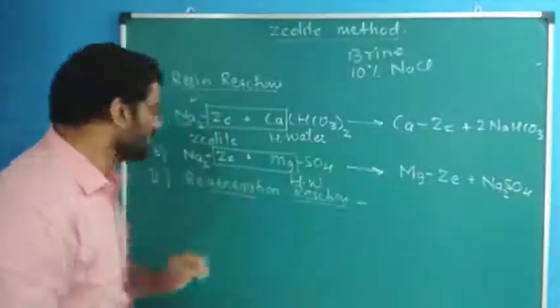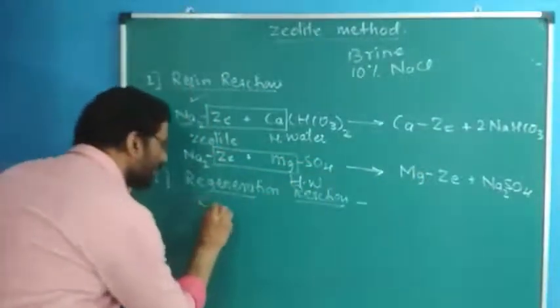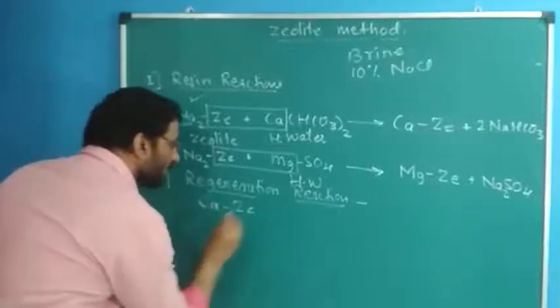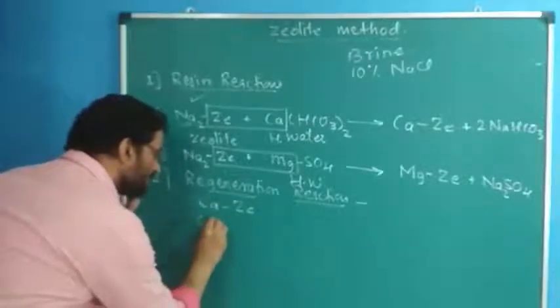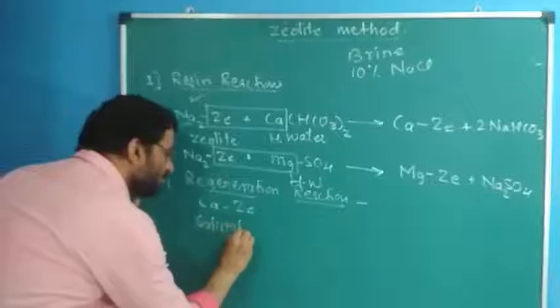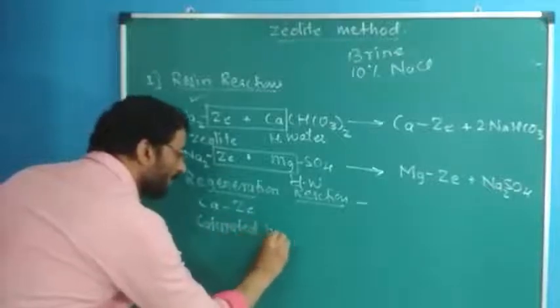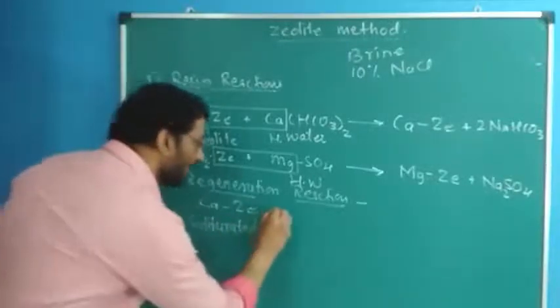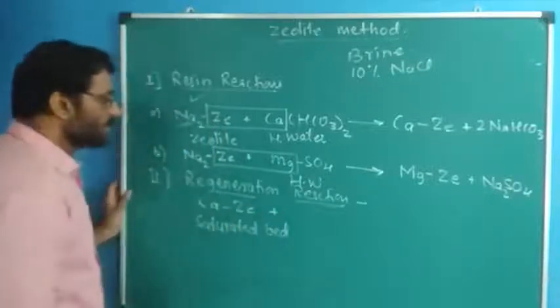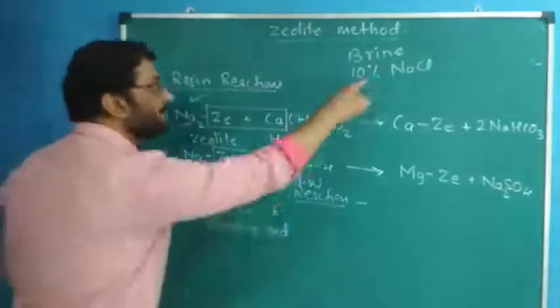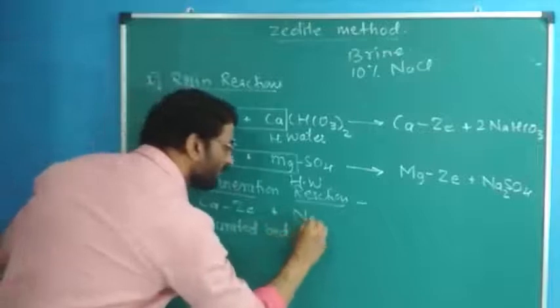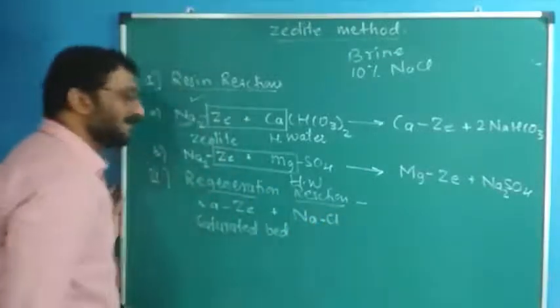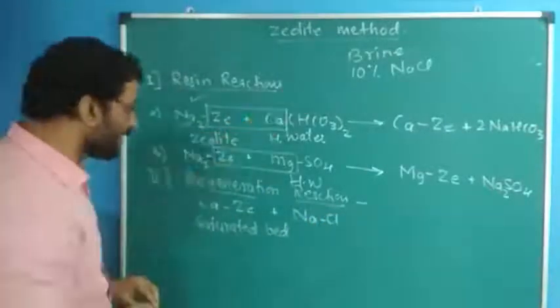The exhausted bed may have this structure, so I will write CaZd, the exhausted or saturated bed of zeolite, plus we are passing NaCl for reactivation. We pass 10% NaCl, that is called brine.